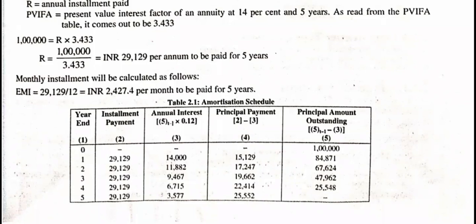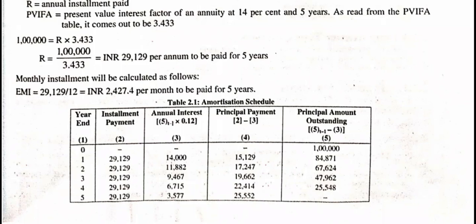Principal payment is 29,129 minus 9,467, 19,662, and 67,624, the principal outstanding of the previous year, minus principal payment 19,662. So you will get 47,962 rupees.